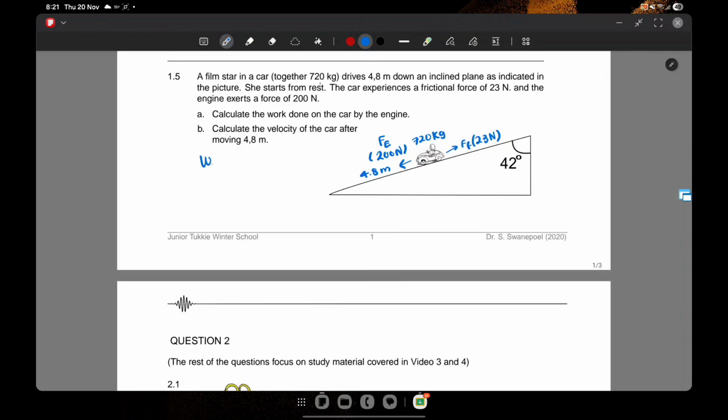Now the net work here is done by the engine, by friction, and by the horizontal component of gravity. This is just gravity, and then this is the vertical component, and this is the horizontal component.